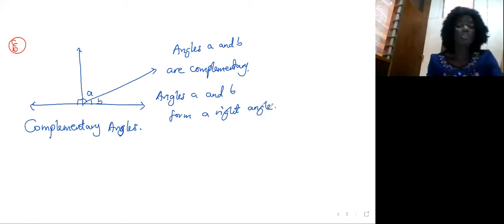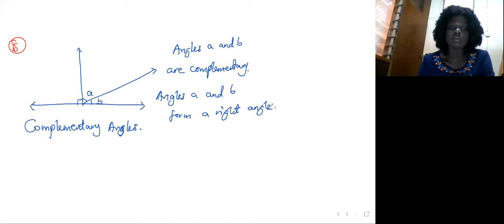Okay. So looking at our diagram for the complementary angles, what can you say about this?